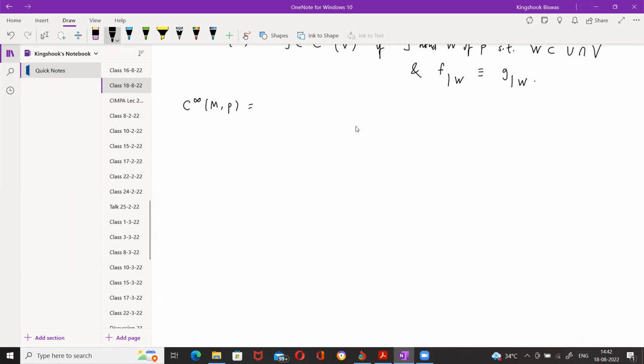Any smooth function f here will have a constant part, f of p. So that's the constants. Then there will be a first order part, which vanishes. So, well, I can write it like this, certainly.